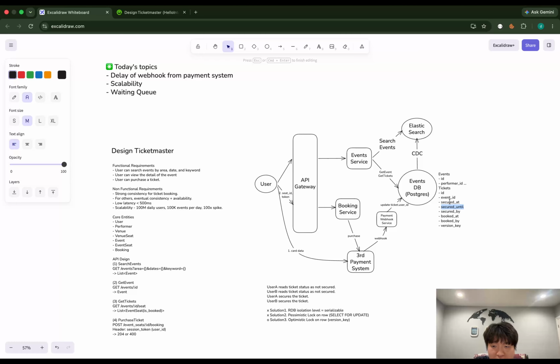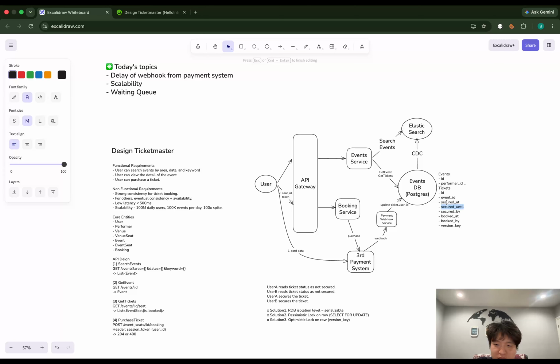Of course, it is possible that we just have the secured at timestamp, and the lock only takes a look at that.